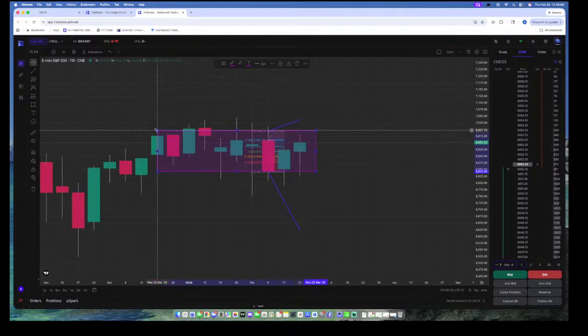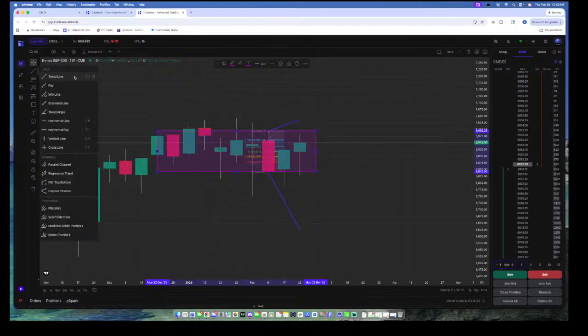I mean, 2 months of range, essentially less than 200 points in almost 3 months of price action. Like, we've literally gone nowhere.